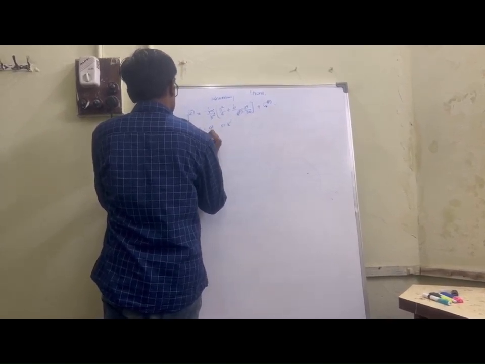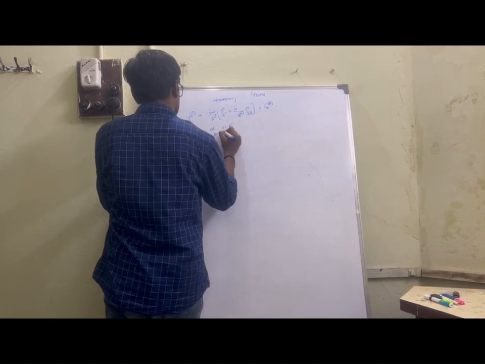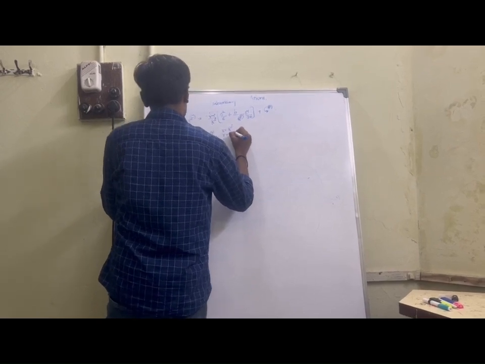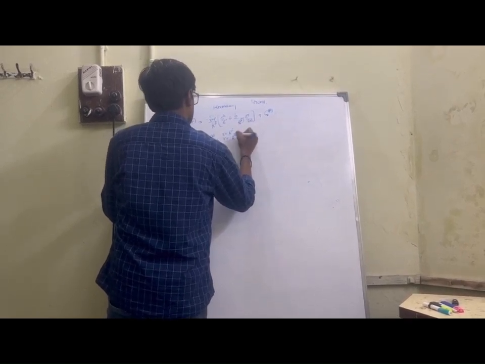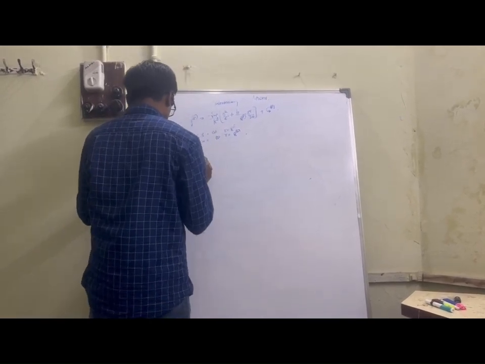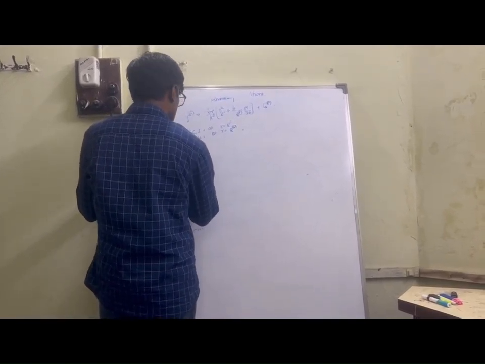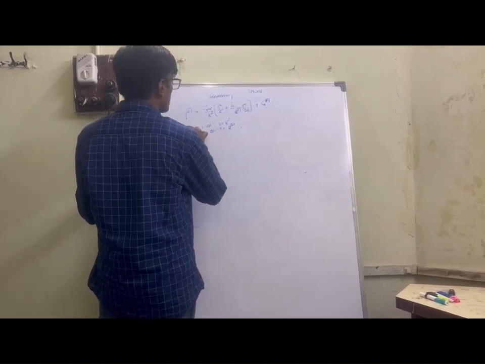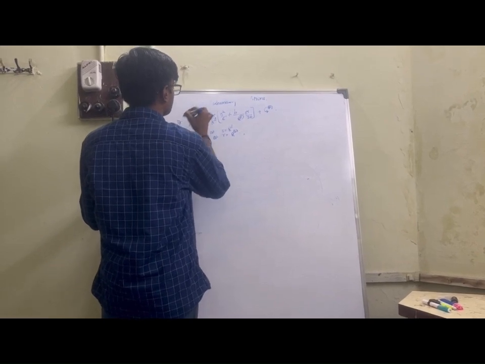Boundary condition 4 will be at R equal to RC. Now we can get the equation directly from these boundary conditions by substituting them in this equation.